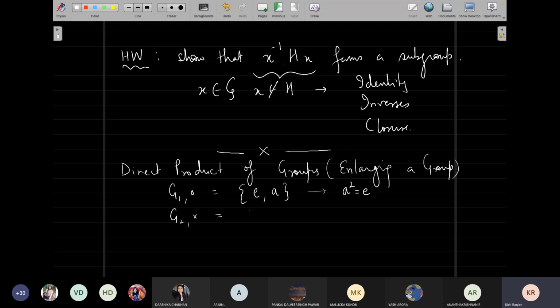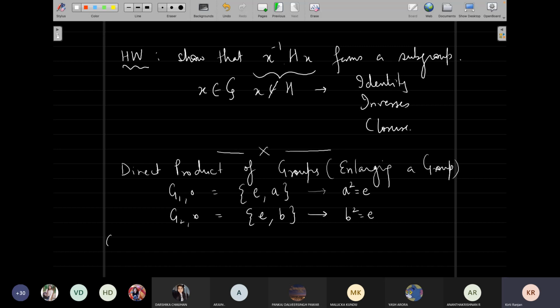Another composition, and let's say this contains E and B, with the same composition for the time being, the simpler one. For this group, the only possibility is B square equals E. There cannot be any other one, right?